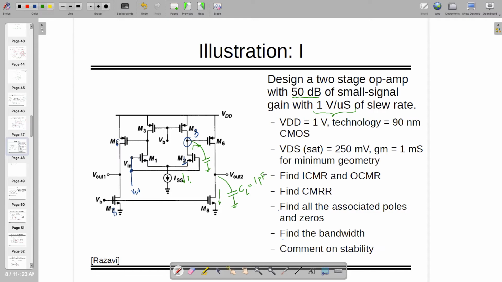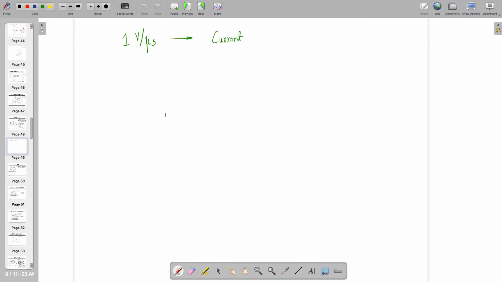right? So can you tell me if it is 1 picofarad of load, how much current is required? By the way, current will tell me the bandwidth also. So I need to find out these things.